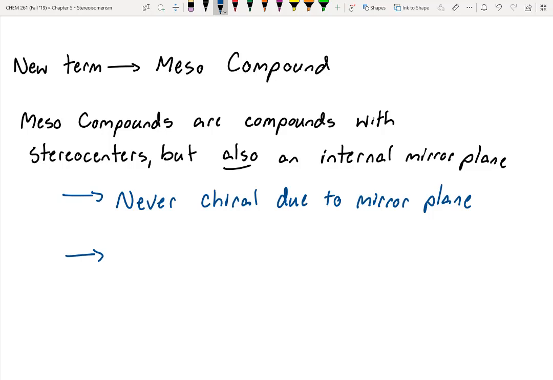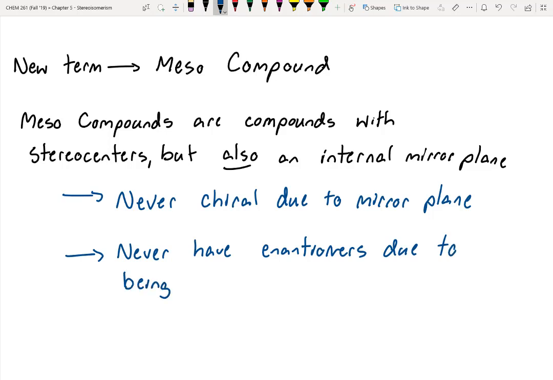Only chiral compounds can have enantiomers. Sorry, that should be achiral with no space. And will these rotate plane polarized light? No. So we could write not optically active.